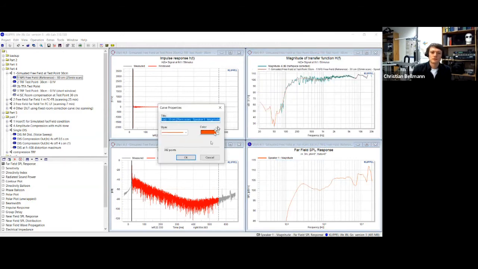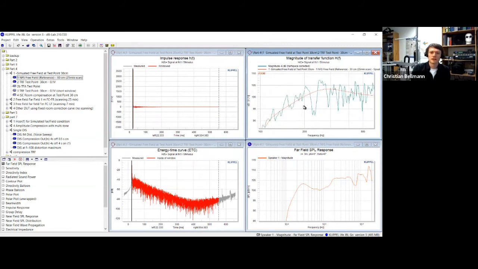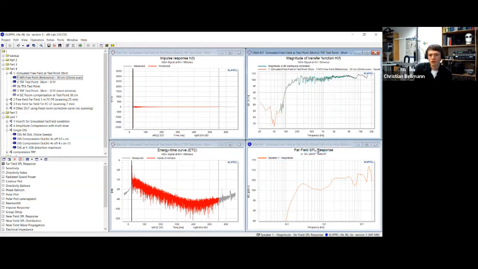Okay, so what we see here now is that at high frequencies we have almost a good match, but we see the difference because of the room influence here. We see even up to 10 dB of problems.